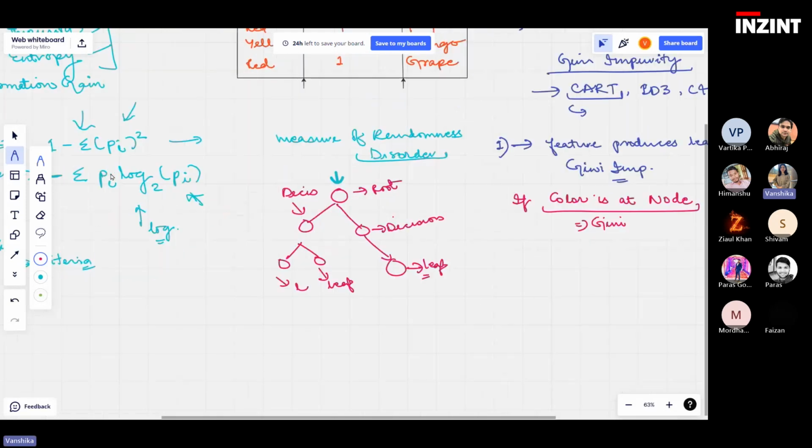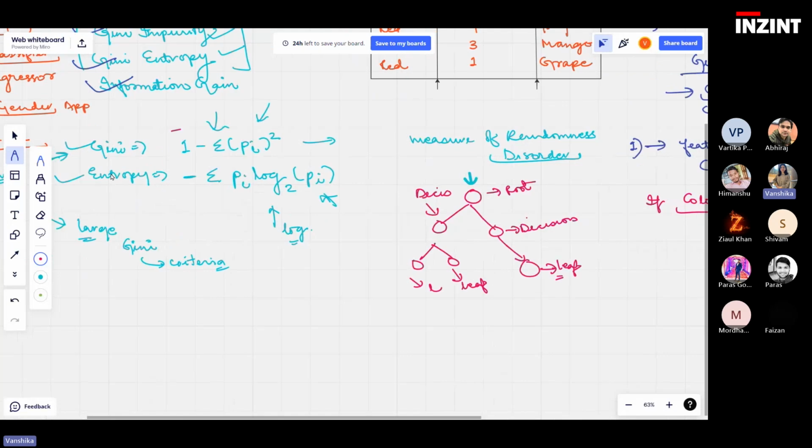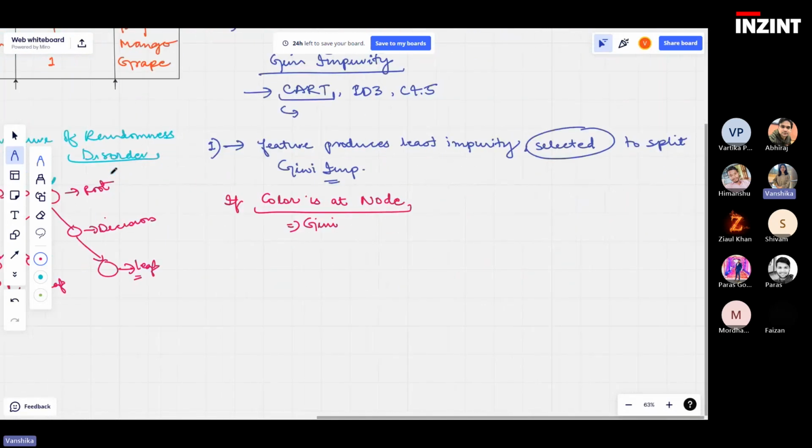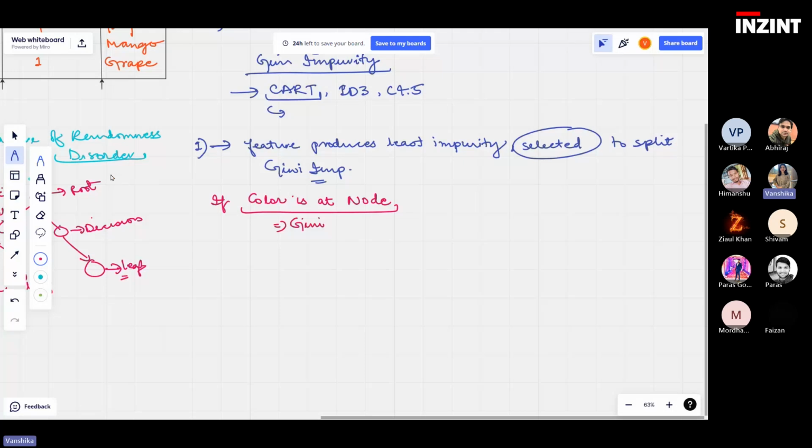Now we know by looking at the formula that for this purpose, I need to calculate the probability, then sum the squares of the probabilities and subtract that from 1. Let's see how to expand this formula. Firstly, I'm going to do it for color equals green. I have 3 colors: green, yellow, red.